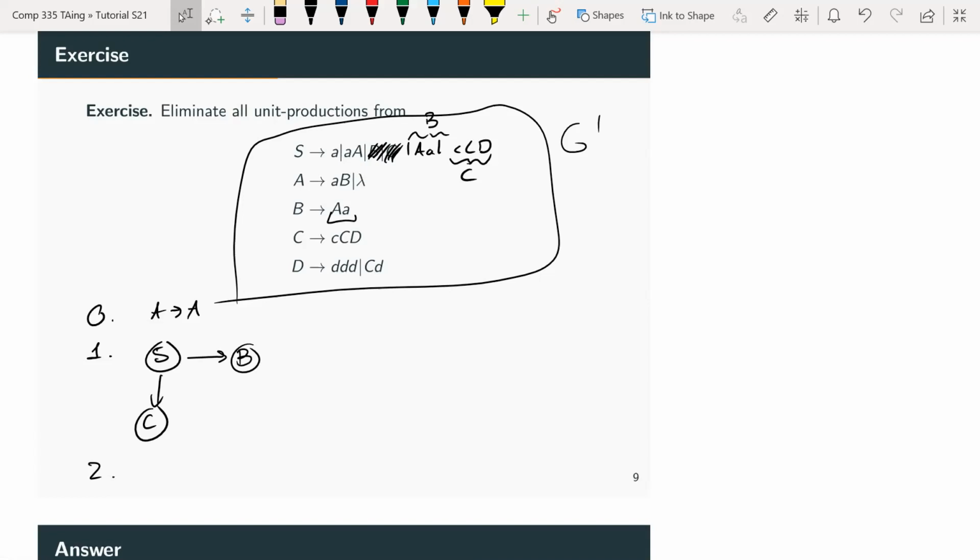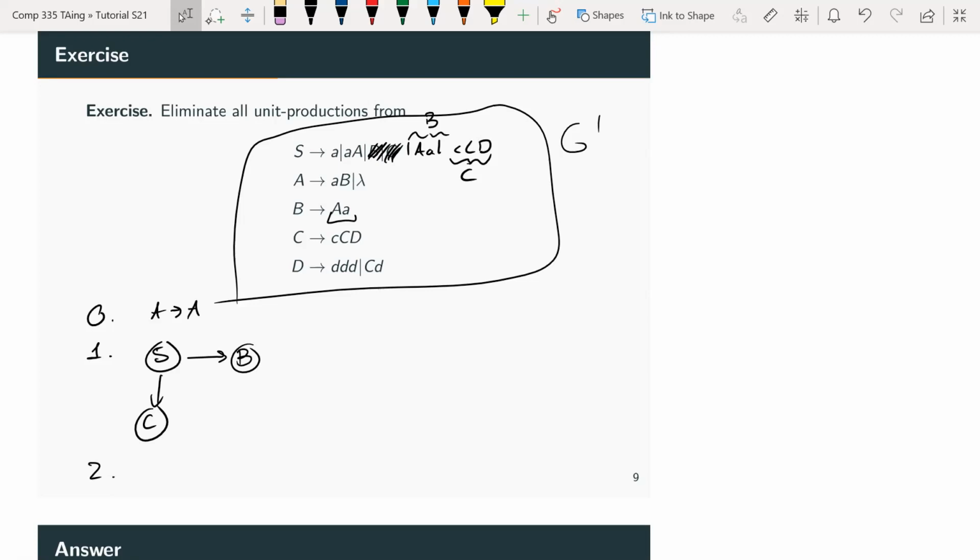In this case, we replace them. So like here, instead of S gives you B, you're replacing that with S gives you all of what B gives you. Yeah, even if we don't find any other use, it's fine. Okay, thanks.